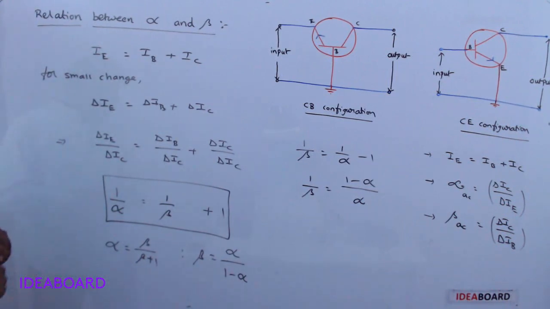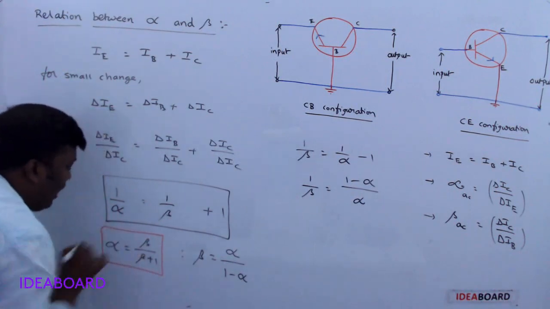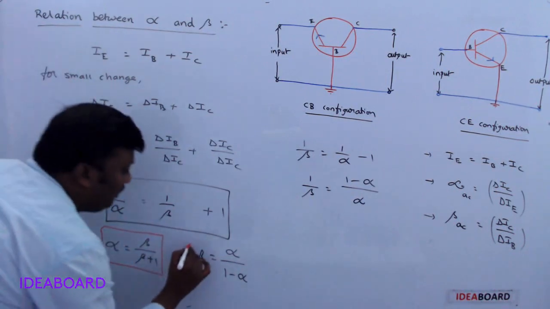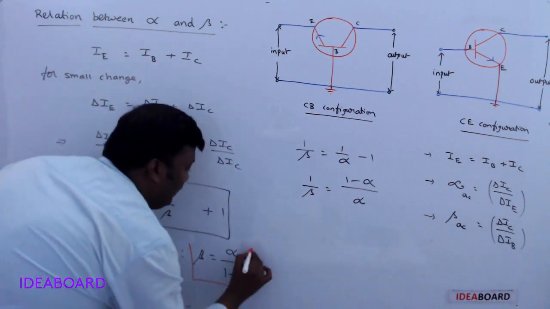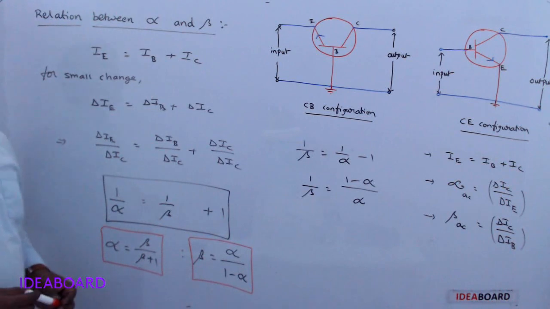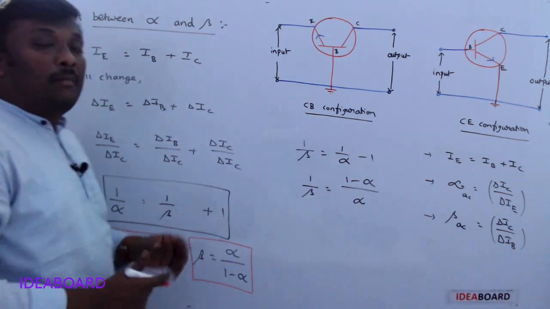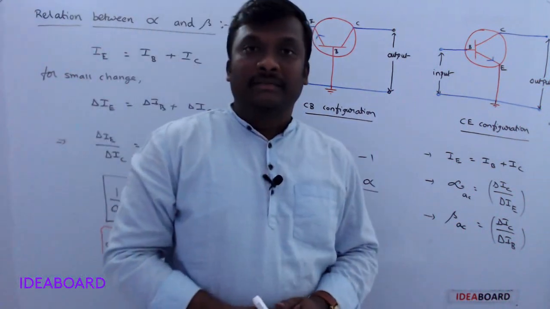Understand? So we have two formulas for alpha and beta. One is alpha is equal to beta by beta plus 1, and another one is beta is equal to alpha by 1 minus alpha. This is very important for numerical purposes.